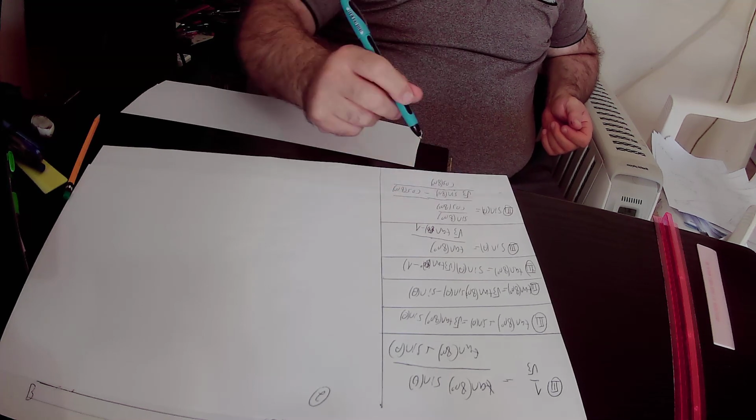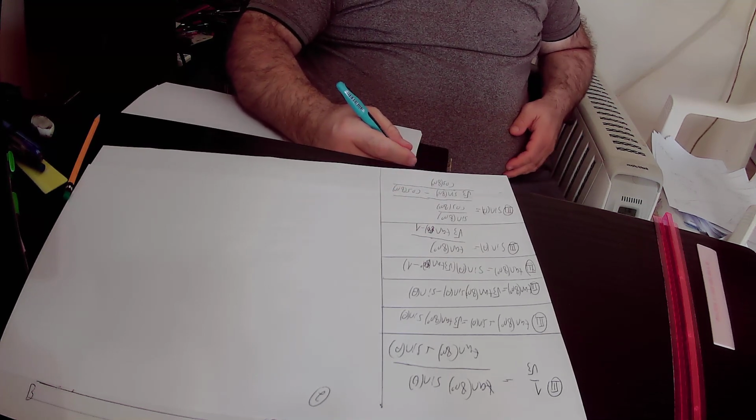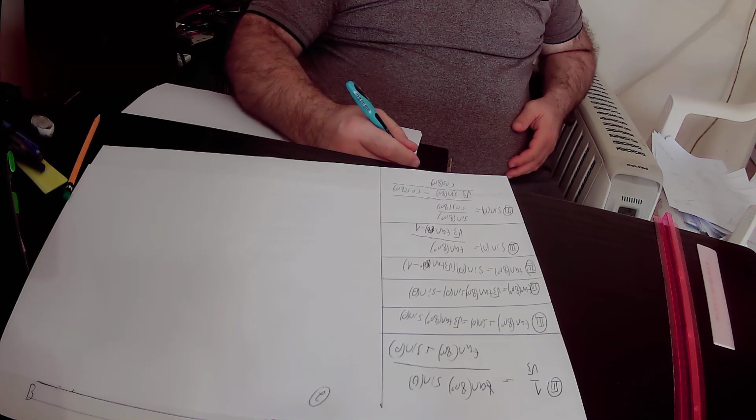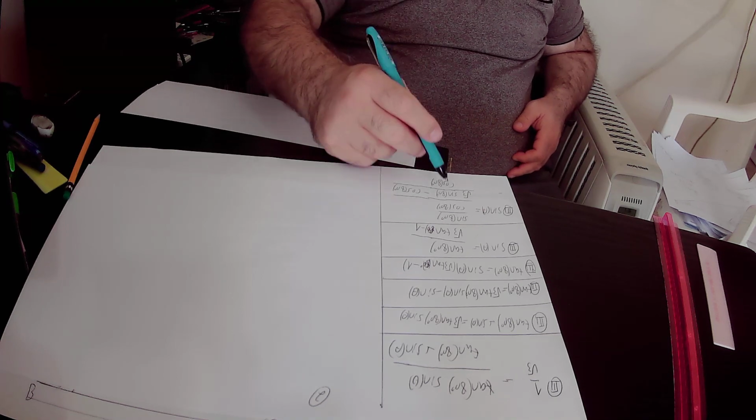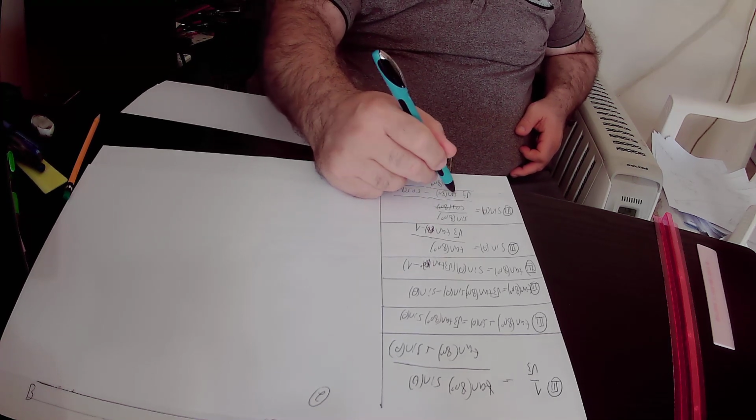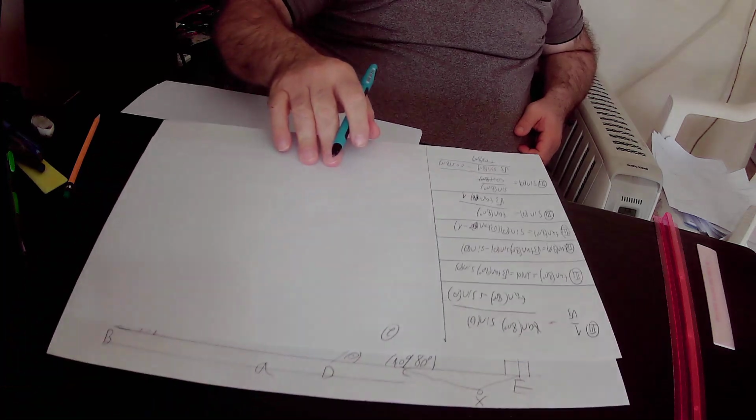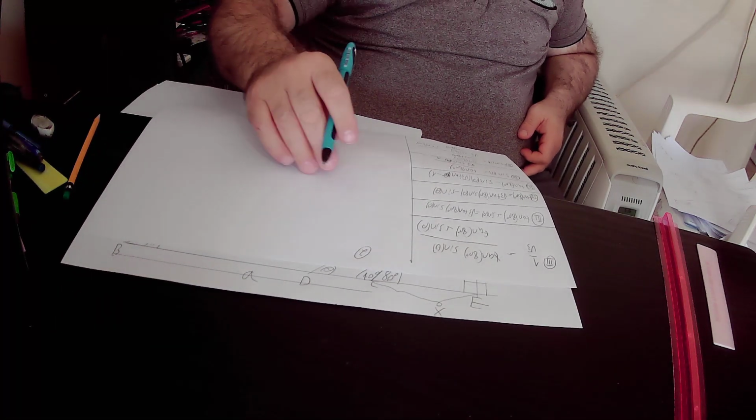Here we have cosine 80 degrees in the numerator, and we have cosine 80 degrees in the denominator, so cosine 80 degrees will get cancelled. What is left from equation number 3 after we cancelled cosine 80 degrees from it?